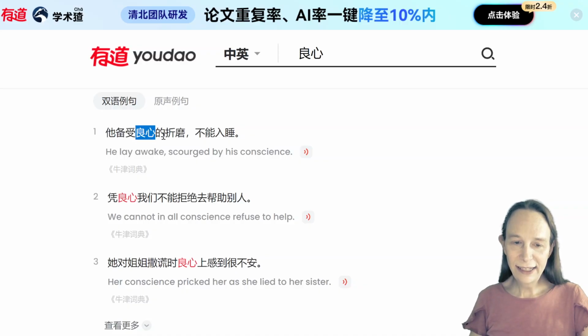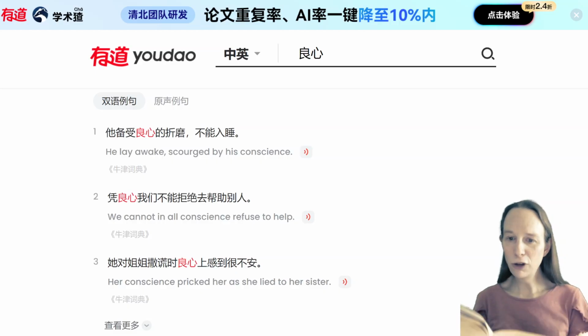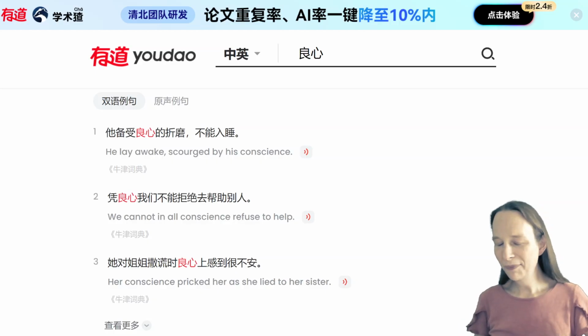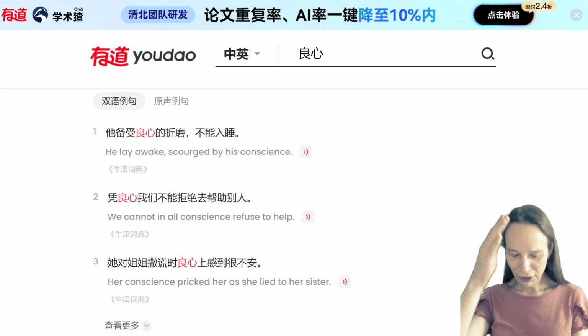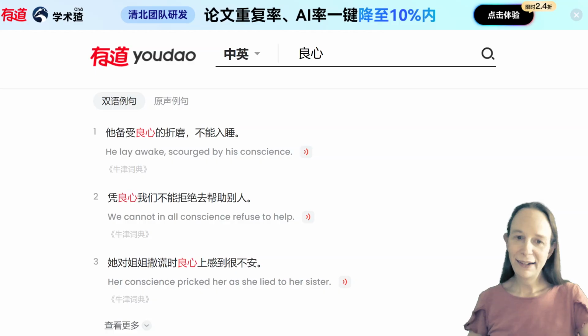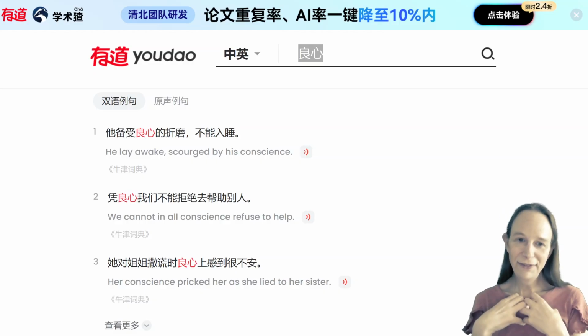他具备良心的琢磨，不能入睡。So he was tormented by his conscience. Okay, let's look at 良心: 指内心对是非善恶的正确认识。说良心话，良心过不去。So it is this feeling of right and wrong.